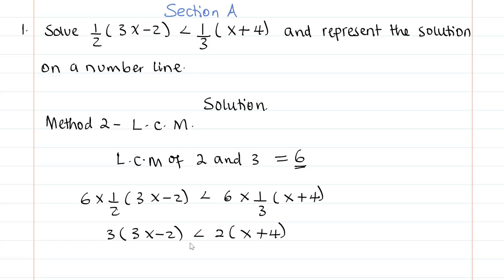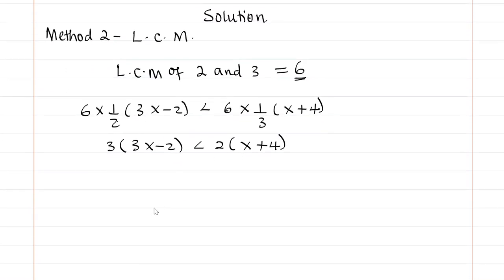And then we open the brackets. On operating the brackets, we shall have 9x minus 6 is less than 2x plus 8. And then you collect the like terms.